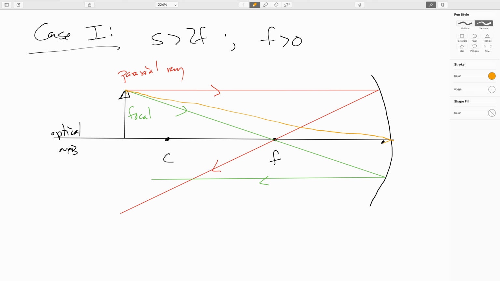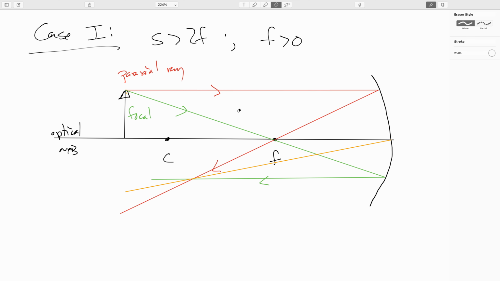And there we go. No idea why it didn't want to give me a straight line before. Let's try it one more time. Directed in from the focal point and back out. And this one's easy to locate because you go as far below as you do above, and it goes right through that point. And you can see that all 3 rays will converge at this point right here.